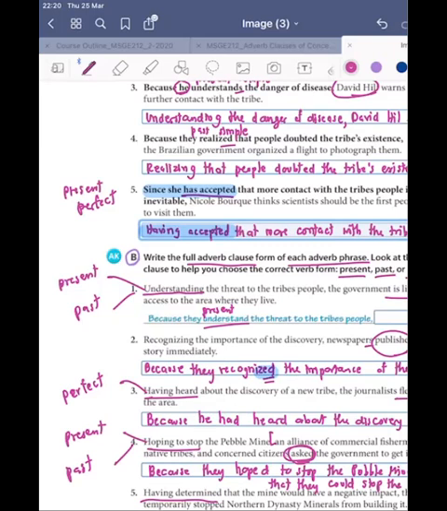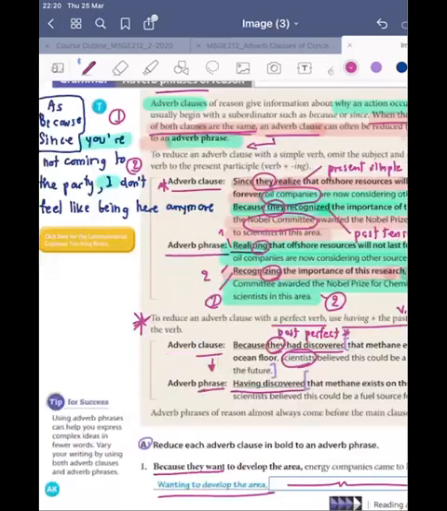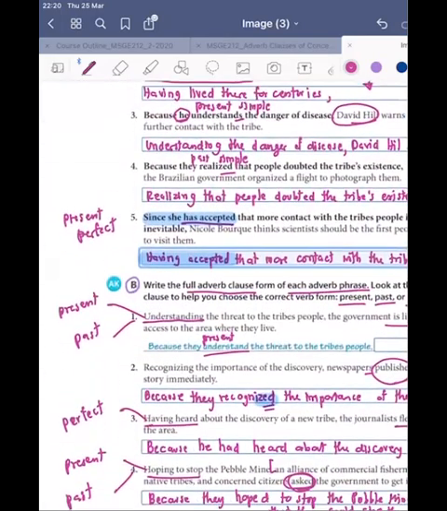So that is all you need to know about adverb phrases of reason. I hope this really helps because it's going to be in your quiz, quiz number 2. I don't think it's too complicated at all. As long as you remember the main things: you can only change an adverb clause to an adverb phrase when the subjects are the same for both parts of your sentence.